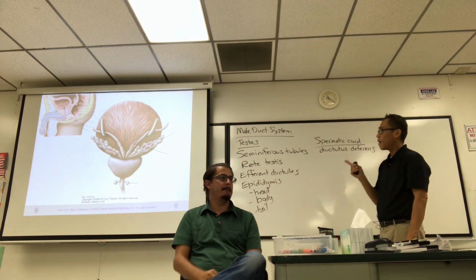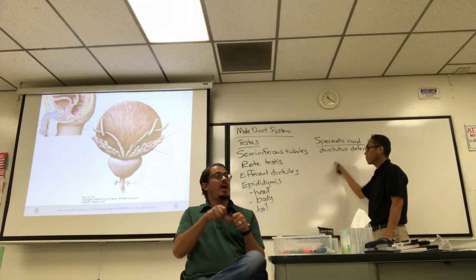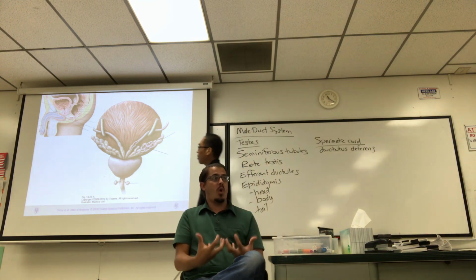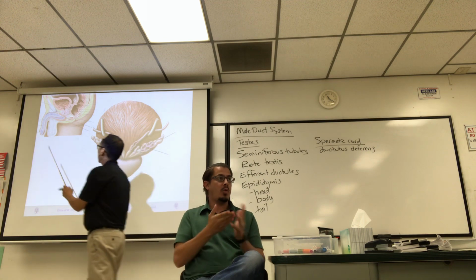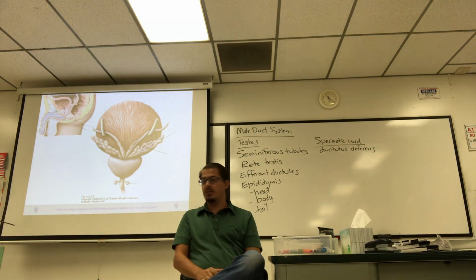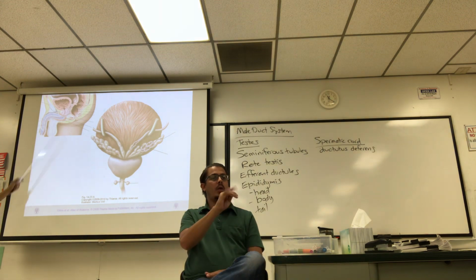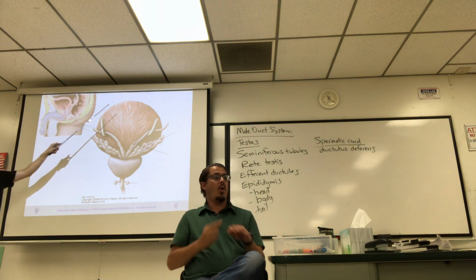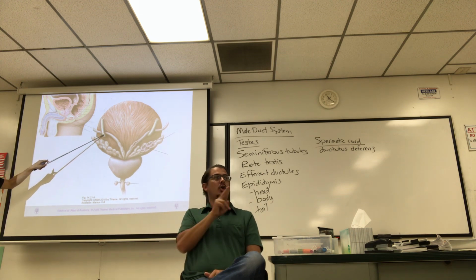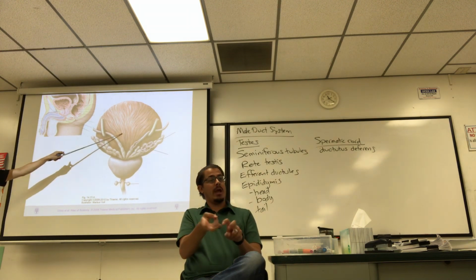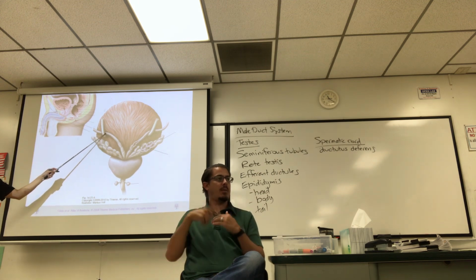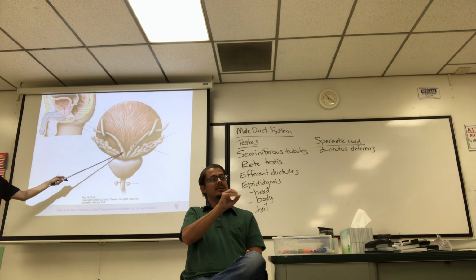All right, you can follow the spermatic cord from the scrotum. It's got to go all the way through the inguinal canal. It's going to go over the bladder. It's going to go behind the urinary bladder. There's the ureter, which transports urine to the bladder, but we're not concerned with that. We're concerned with this. This is the end of ductus deferens. When it ends, it widens right there.